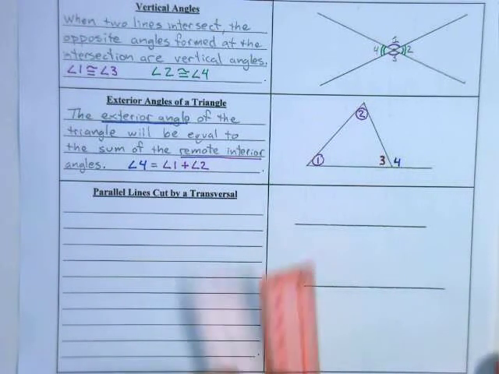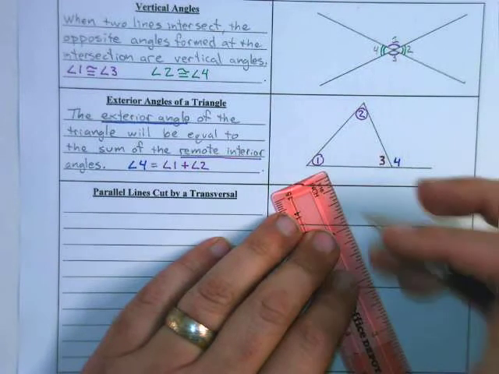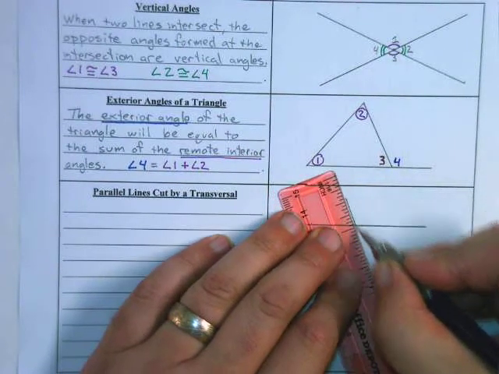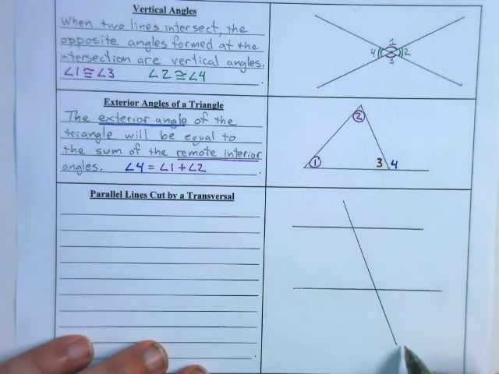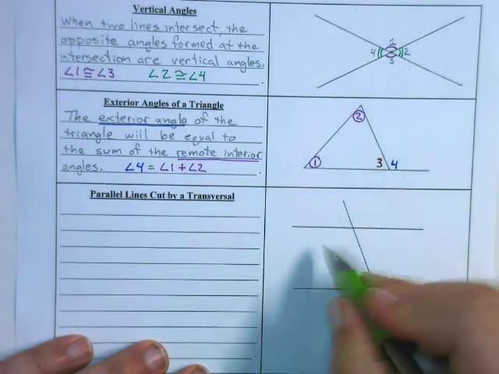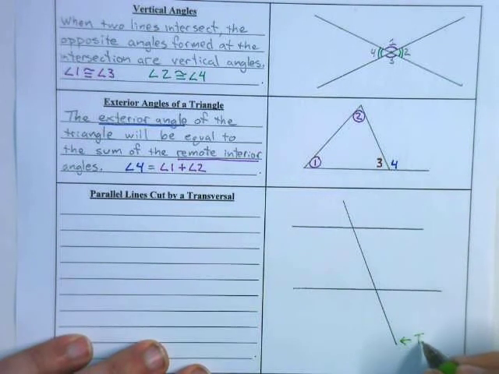Now, cut by a transversal just means that we have a line that goes through both parallel lines. So this line that went through both parallel lines is the transversal.